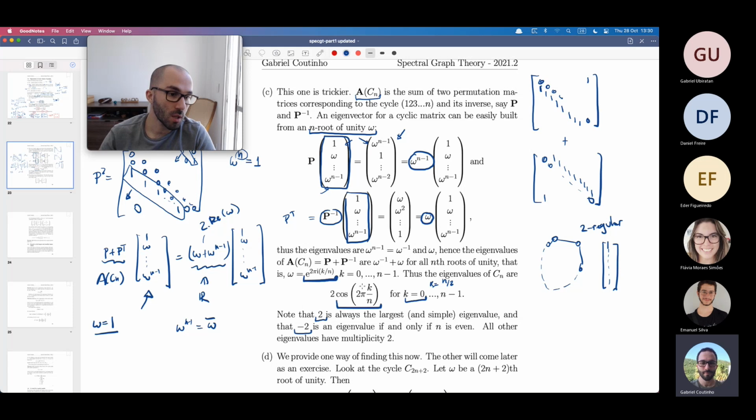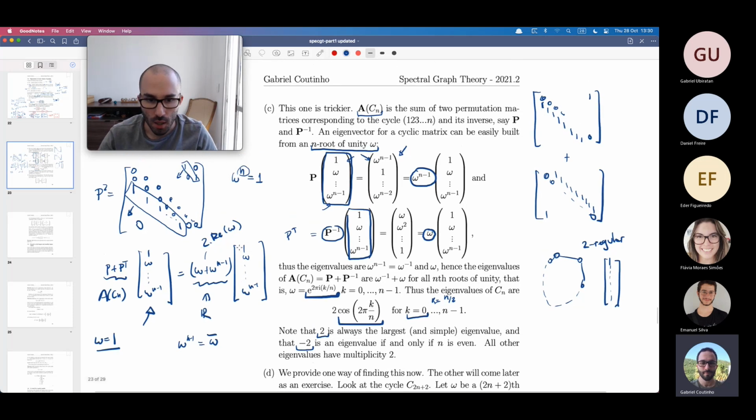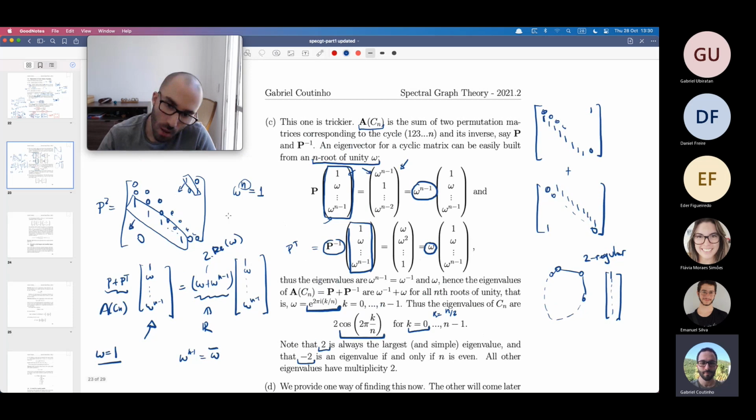Question on the chat, is it possible to write bases to the eigenspaces using only real vectors? Of course. Because if you replace omega by omega to the n minus 1, you also get an eigenvector in the same eigenspace.